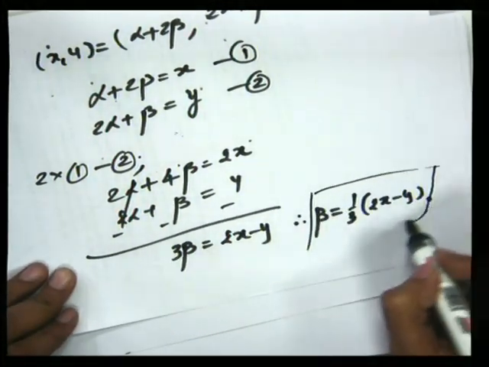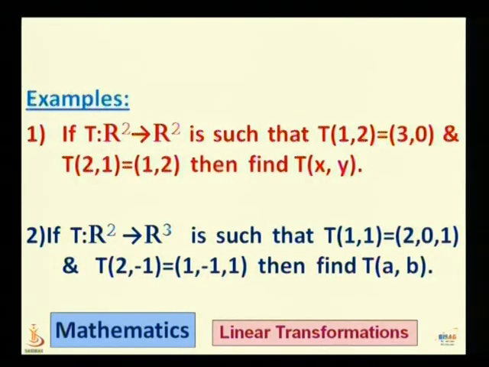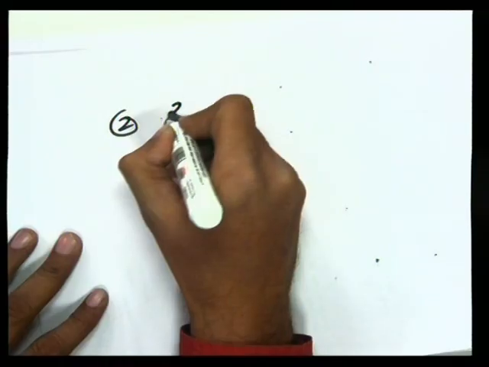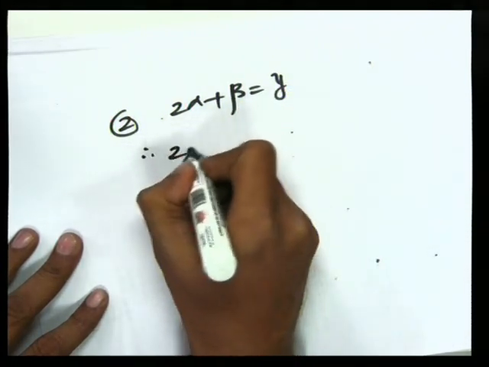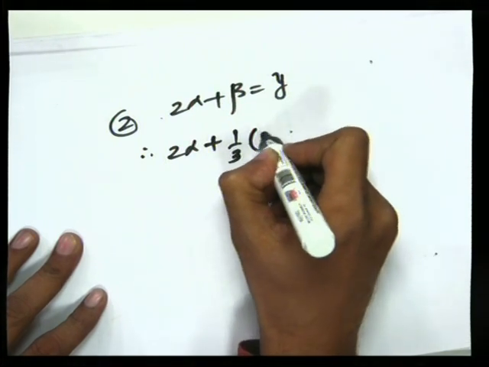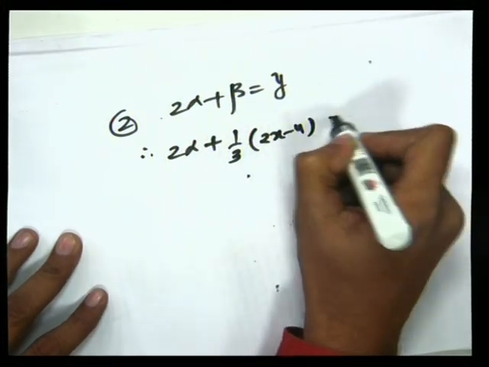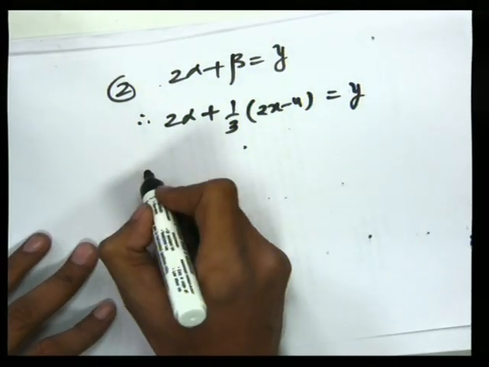We obtained beta in terms of x and y. Now we obtain alpha in terms of x and y. So putting this value of beta in equation 2, we have 2 alpha plus beta is equal to y, so 2 alpha plus 1 by 3 times 2x minus y is equal to y. So we can obtain alpha in terms of x and y.